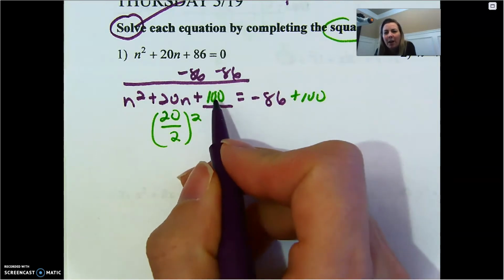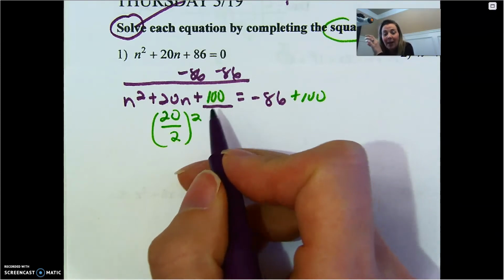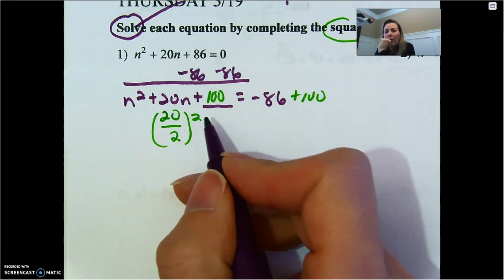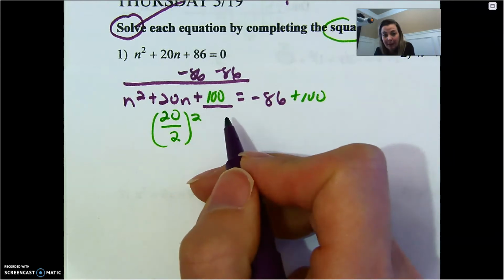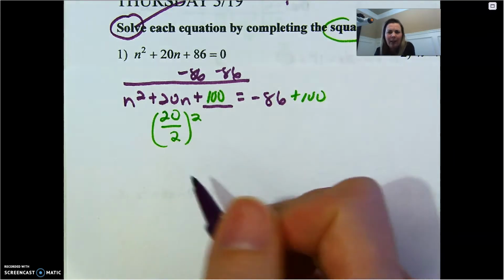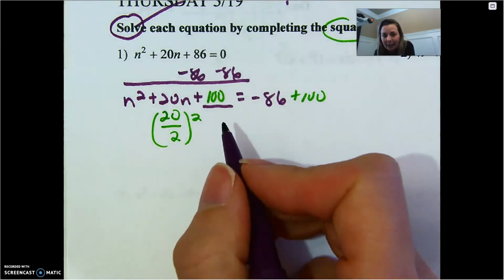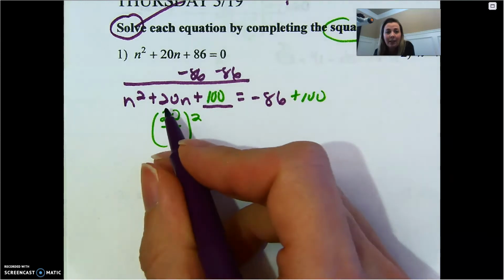Now we get into something we're kind of used to, factoring. We look at this monster and think about two numbers that multiply to give you 100 but add to give you 20. 1 times 100 won't do it. 2 and 50 won't do it. Hopefully you're starting to see 10. 10 times 10 is 100, and 10 plus 10 is 20.